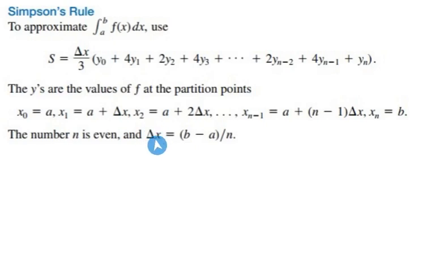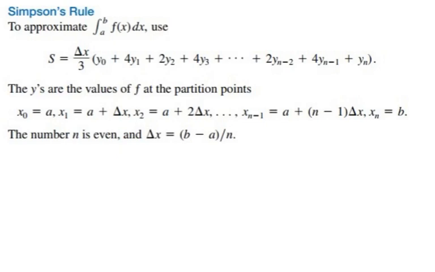And delta x, that is the subinterval length, and that's found by subtracting my upper and lower bounds of integration and dividing by the quantity of subintervals that we wish to create. One thing to note is that n value has to be even. So we have to be dividing into 2, 4, 6, 8, etc., 10 subintervals.